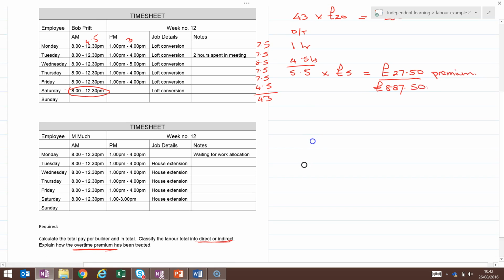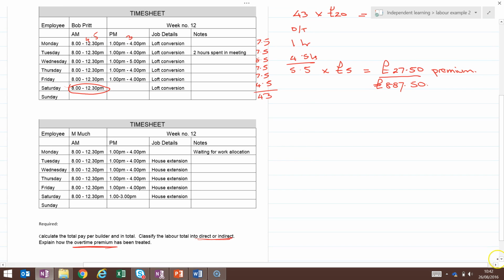Now if we look at Mumuch, same method. How many hours did he work? On Monday, 8 to 12:30, 1 till 4, we know that's 7.5 hours. And actually, if we look at every day of the week, he worked 7.5 hours every day. So he did no work beyond 4 o'clock.